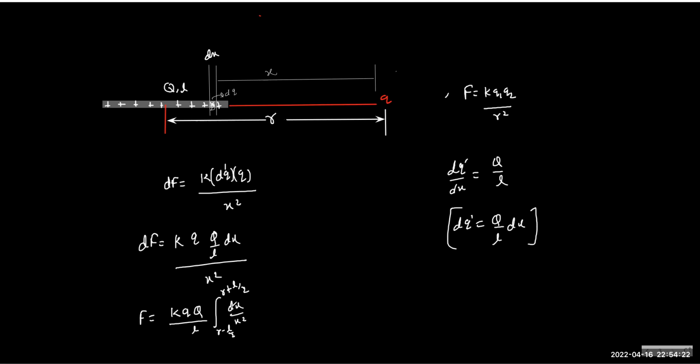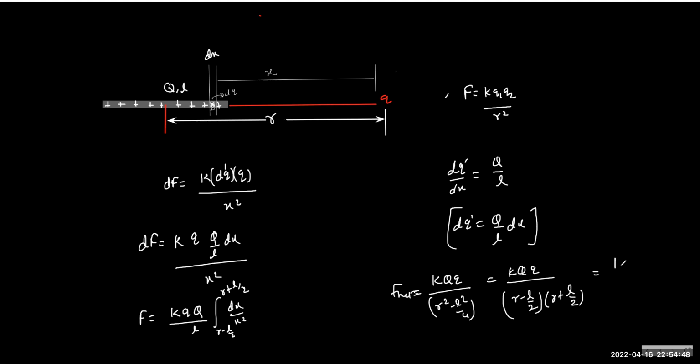Sir, yeah, I'm getting KQq divided by (R squared minus L squared by 4). So this is the net force, and you can also read it like this, right? Yes, sir.